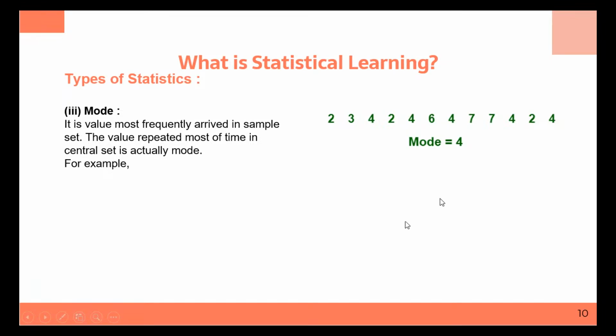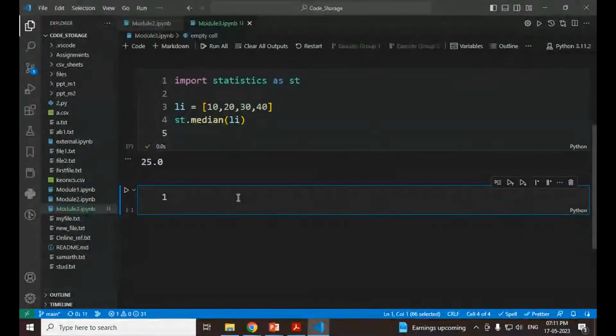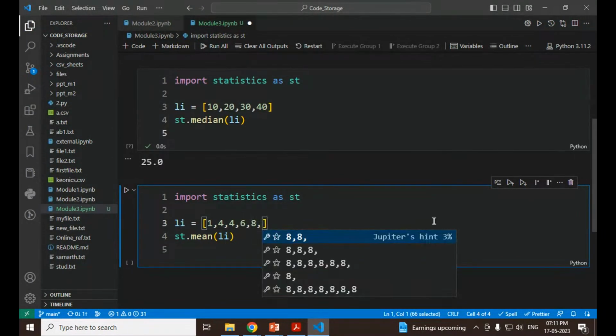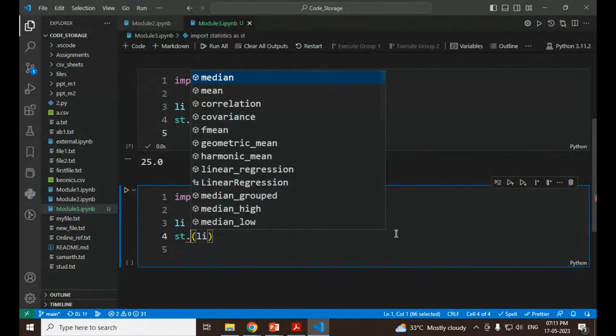Okay, let's see the actual effect of it in the code. I change the data. What should I write here?